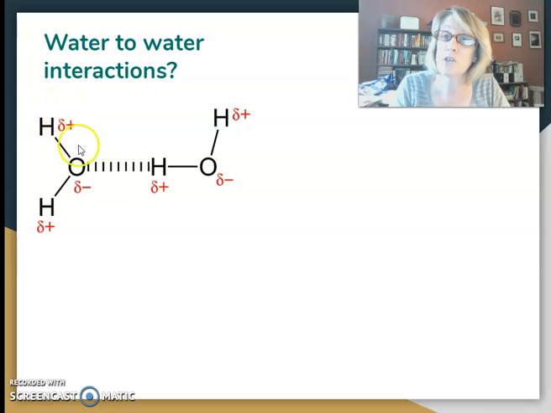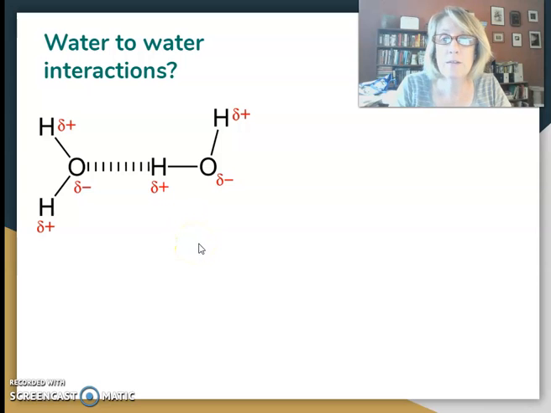Right? It's not enough to transfer them. It's still a covalent bond, but remember, it's a polar covalent bond. And so water interacts with itself such that the partial negatives and the partial positives line up. Remember, we call this hydrogen bonding. So hydrogen bonds between water make water a very special type of solvent.